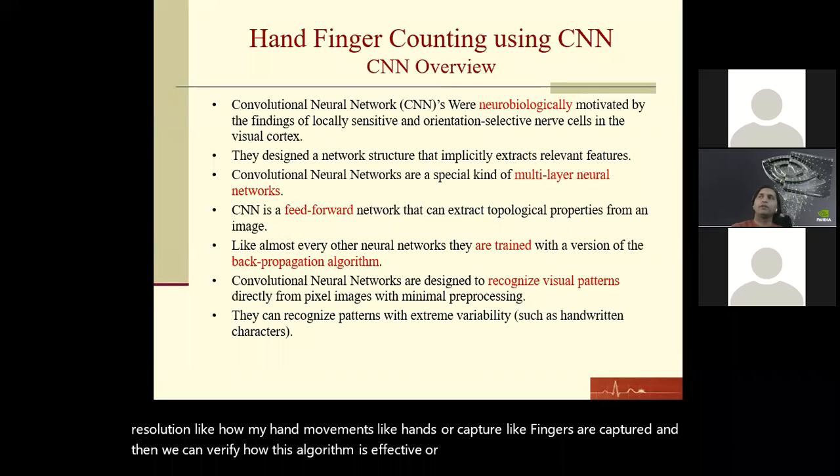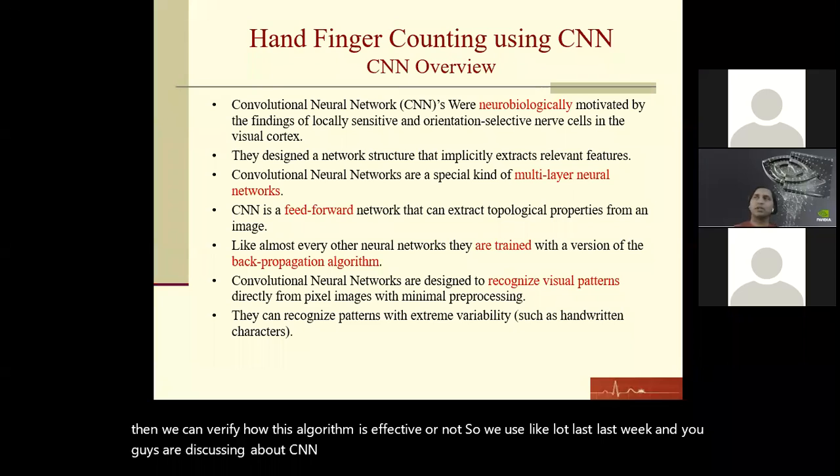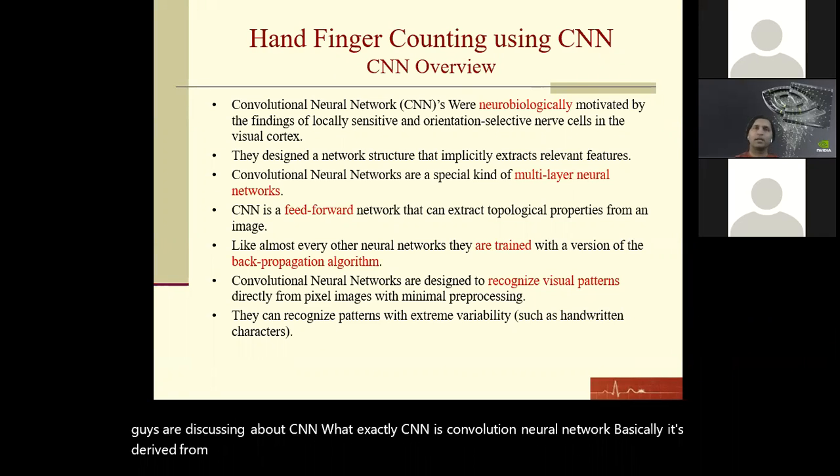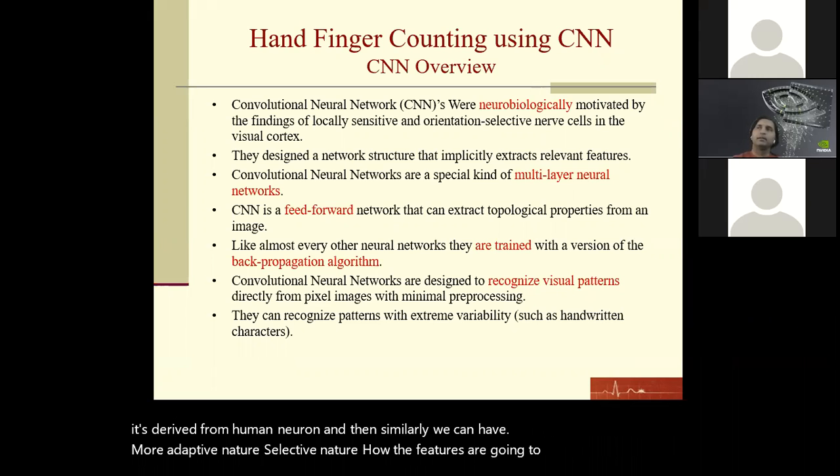Over the last week and a few days you have been discussing CNN. What exactly is CNN? Convolutional neural network. Basically, it's derived from human neurons, and similarly we can have a more adaptive, selective nature in how the features evolve.